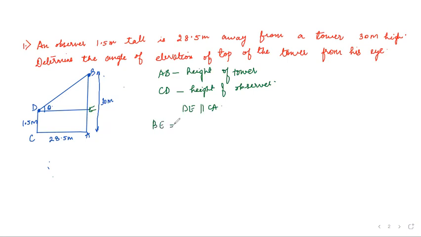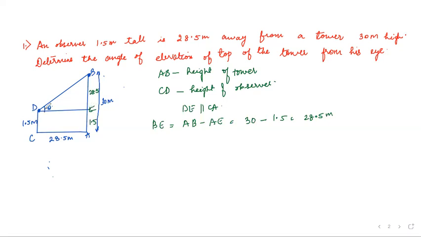BE is basically AB minus AE, correct? So if DC is 1.5, this will also be 1.5. So BE will be AB, which is 30, the height of the tower, minus AE, which is 1.5. We get it as 28.5 meters. So this is 28.5.